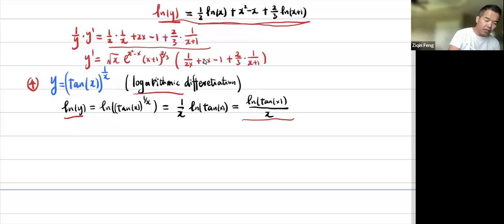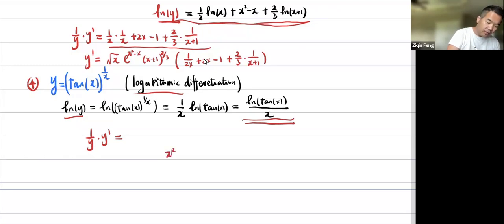And so if you differentiate both sides, left side is always 1 over y times y prime. Now the right side here, we have to use the quotient rule, right? That's a quotient and also the chain rule, because the numerator is the composition of two functions.